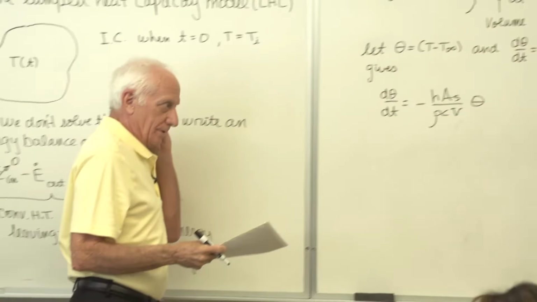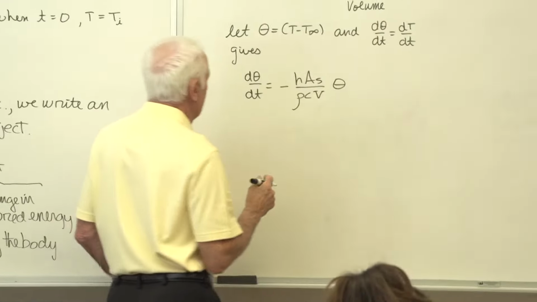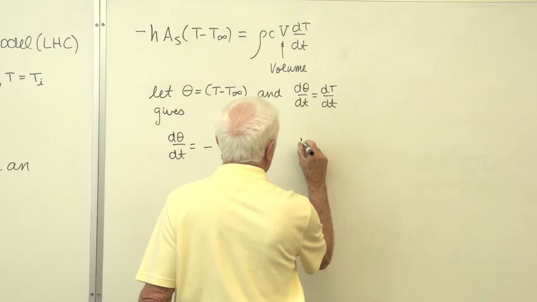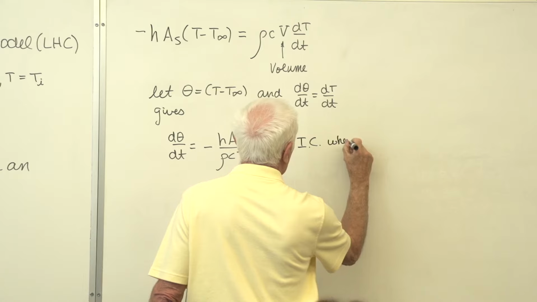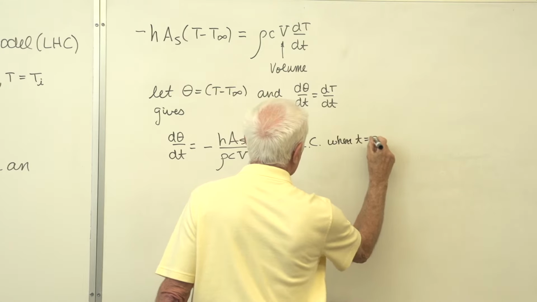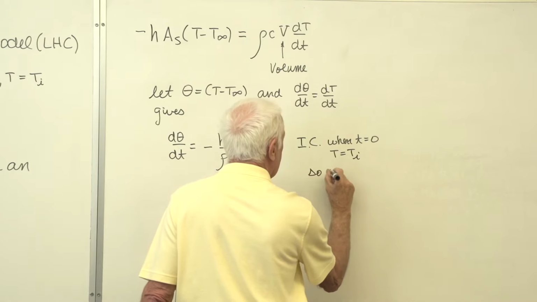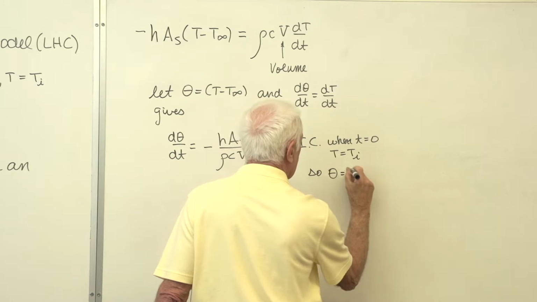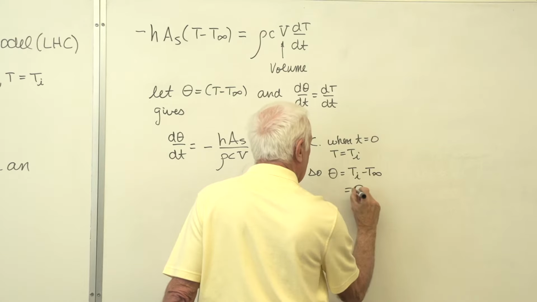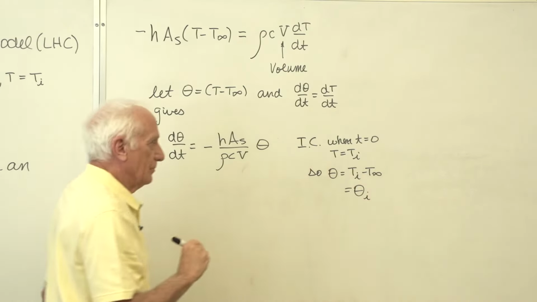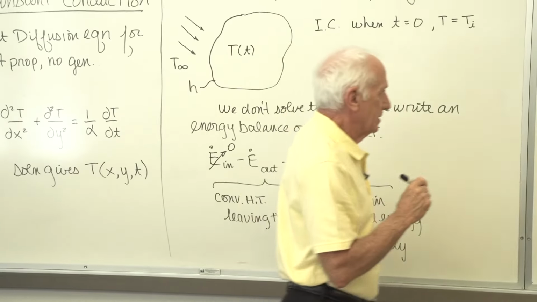There's our little differential equation. The initial condition is when t equals 0, T equals Ti, so theta is equal to Ti minus T infinity, and we call that theta i. So when time equals 0, theta equals theta i, a constant.